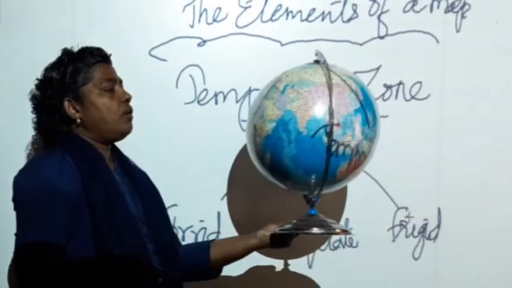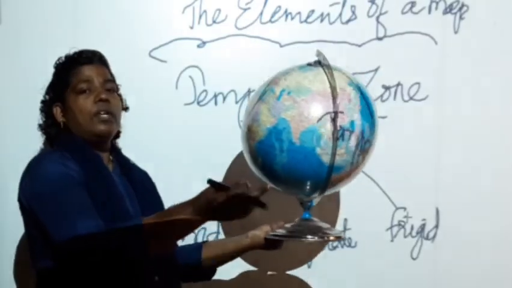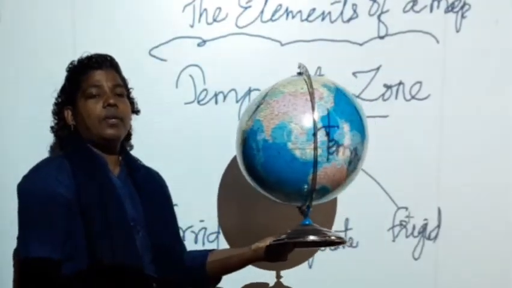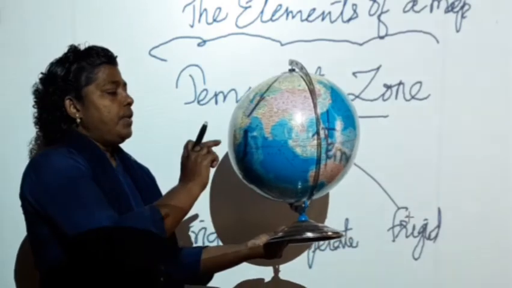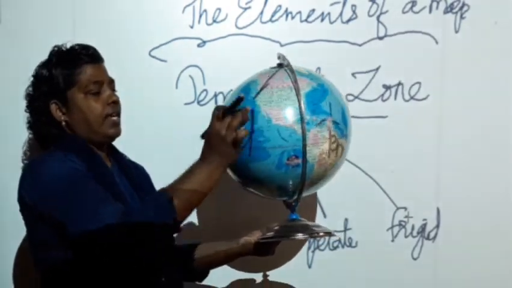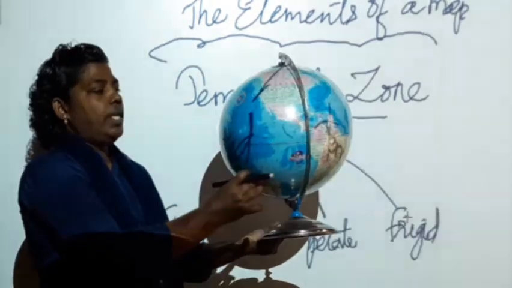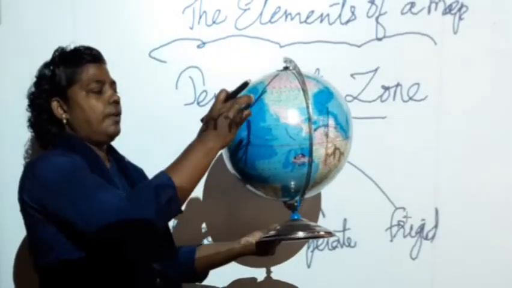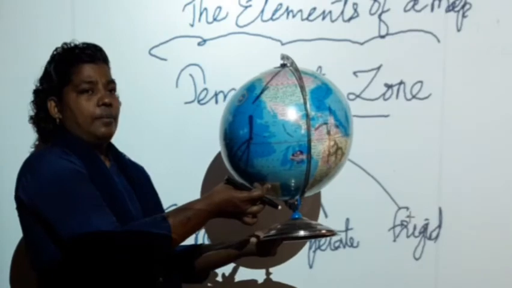When you see the globe, we have learned in the previous class about the grid system. The longest latitude is called the equator, that divides the earth into 2 equal orbs, that is northern hemisphere and the southern hemisphere.